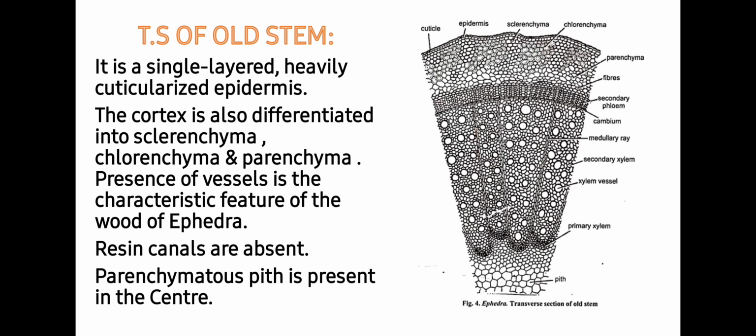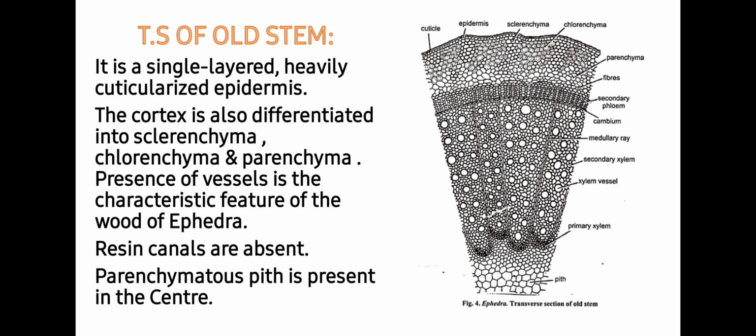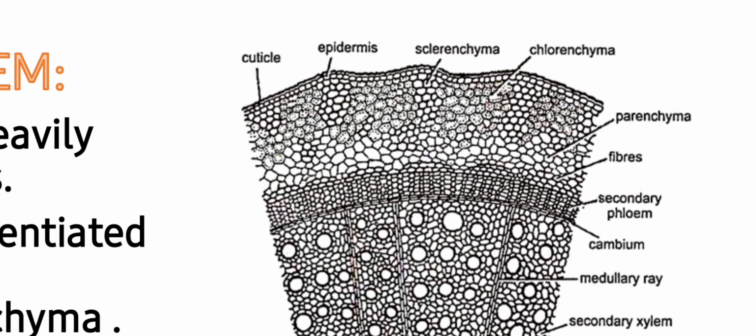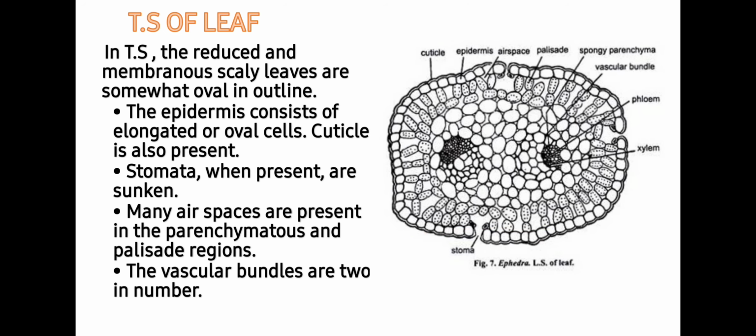In the mature stem, you will find very prominent vessels which is a characteristic feature of division Gnetophyta or Ephedrales. Resin canals are absent and pith is parenchymatous. So you can see three types of tissues, that is sclerenchyma, chlorenchyma and parenchyma in the mature stem of Ephedra.